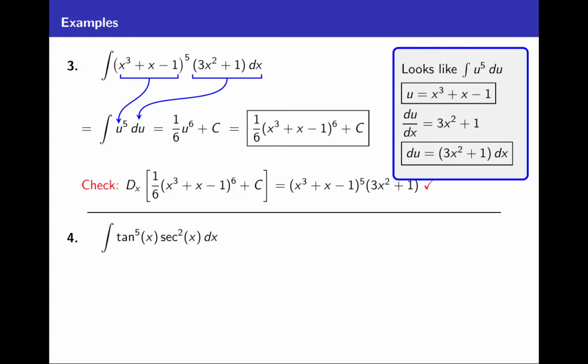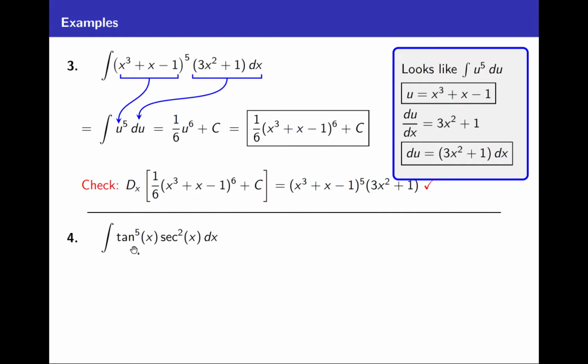Next example. The integral of tangent to the fifth of x times secant squared x dx. Let's see if we can use substitution to make this a simple integral. So we ask ourselves, what familiar rule does this most closely resemble?